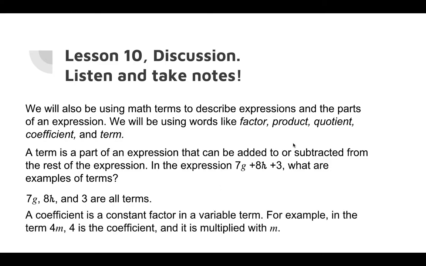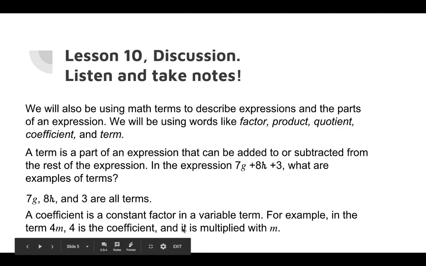A coefficient is a constant factor in a variable term. For example, in the term 4m, 4 times m, 4 is the coefficient and it is multiplied with m, your variable. So a coefficient is a constant factor in the variable term. That means 4 never changes.